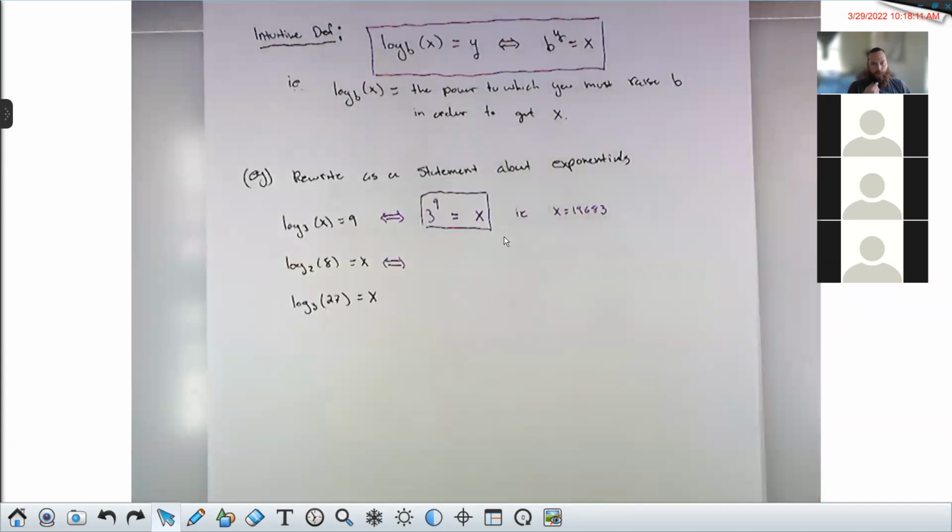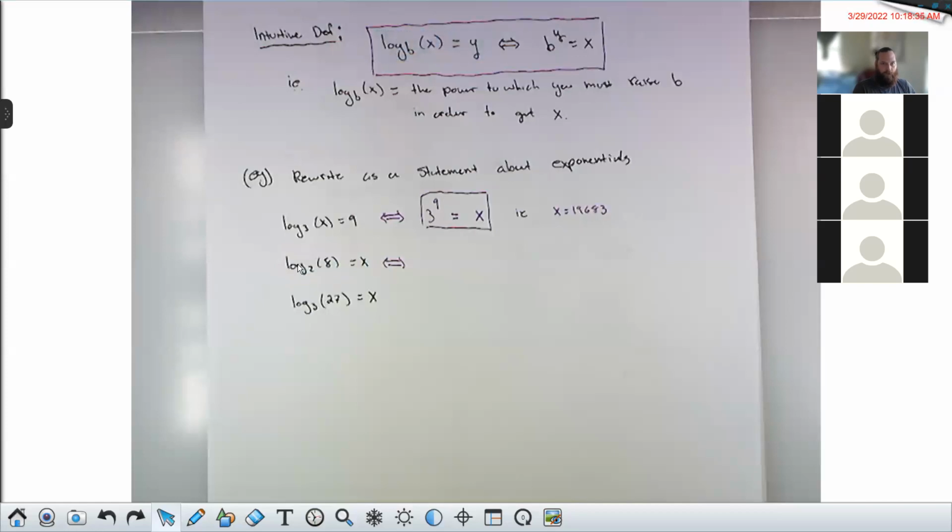Here, the symbols are in different places. The x is on the right-hand side of the log expression. The base is 2, and the inside of the log is 8. So when we say that the base 2 logarithm of 8 is equal to x, the base b logarithm of x is equal to y, right?